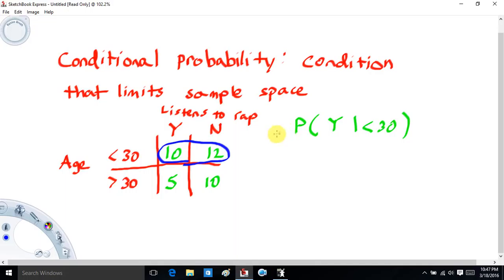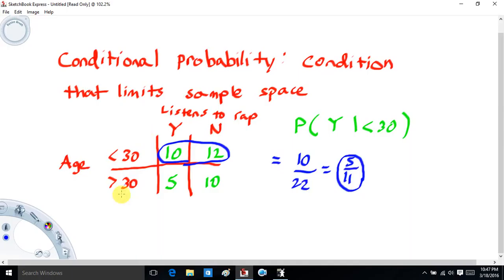So among those, how many listen to rap? It's going to equal 10, right? Because 10 listen to rap out of a total of 22, which is 5 out of 11. So given that a person is under the age of 30, the probability that they listen to rap is 5 out of 11.